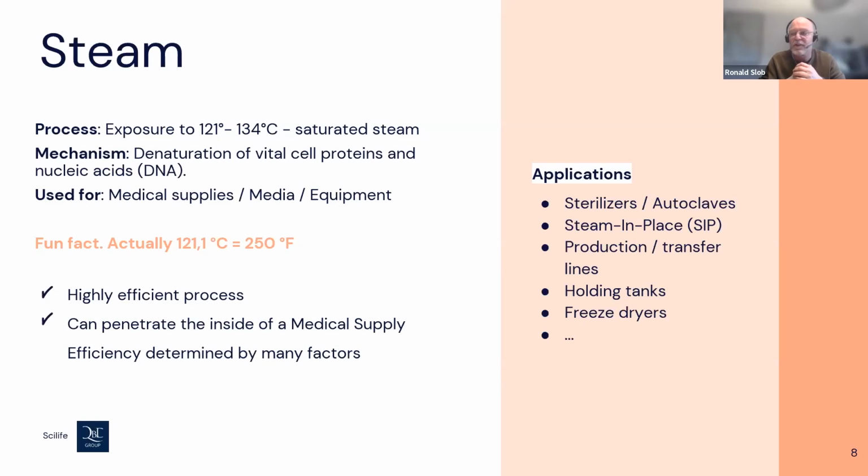You need saturated steam because the steam itself doesn't kill, but the transition from steam back into a fluid gives off a lot of energy, and you use that energy to kill your bioburden by denaturation of your proteins.